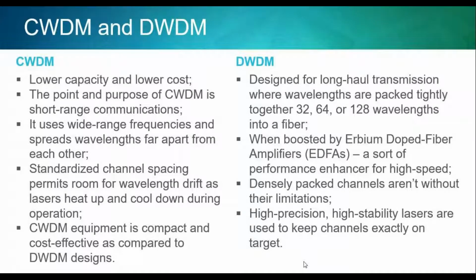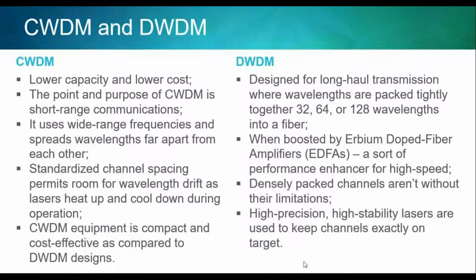The channels are very densely packed, with very small spacing between the wavelengths. As I said, at 100 gigahertz, we're talking only 0.8 nanometers of spacing between the wavelengths. So it really requires very precise transceivers, high-precision, high-stability lasers to keep those channels exactly on target. That also brings one of the key metrics you need to be mindful of when you're testing these systems.